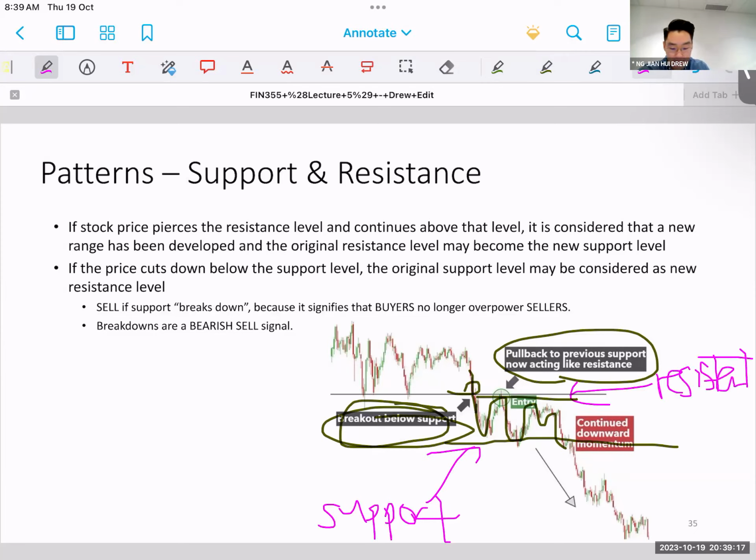Now, again, if it cuts, can you see that? Let me use a different color. It cuts down below the support. When it cuts below the support, what happens? This support now becomes the resistance, and then probably there is a new support here.